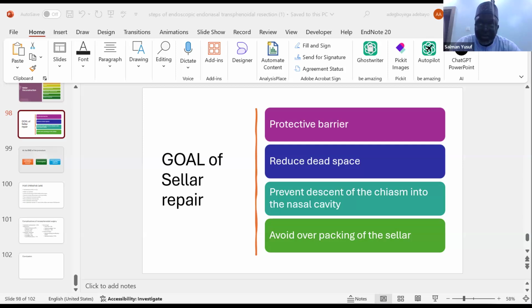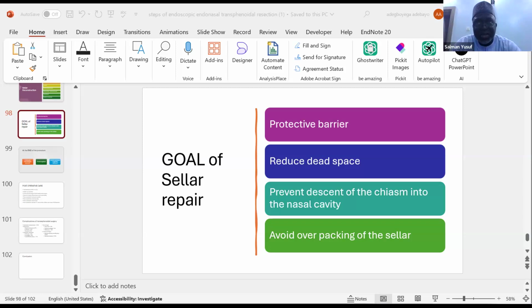My advice to young neurosurgeons is that you should master all the steps of endoscopic transsphenoidal surgery so that you are not dependent on the ENT surgeon.